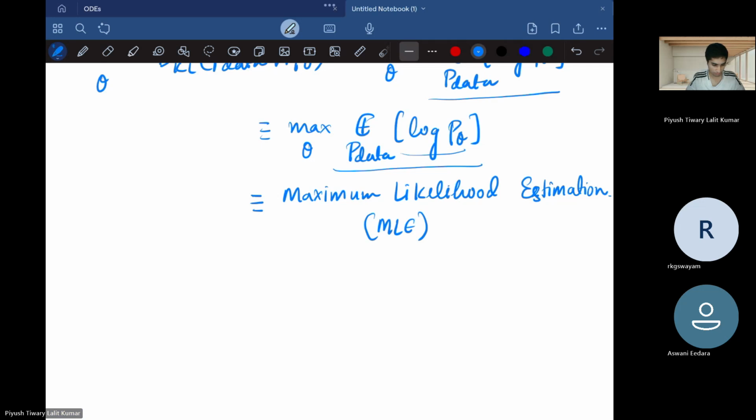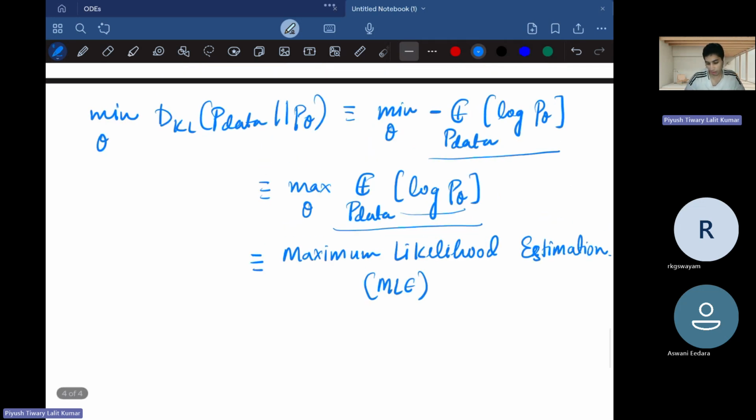For now, just think about x. You are learning a distribution P theta over x, and you want it to maximize log P theta, but under the expectation of P data.